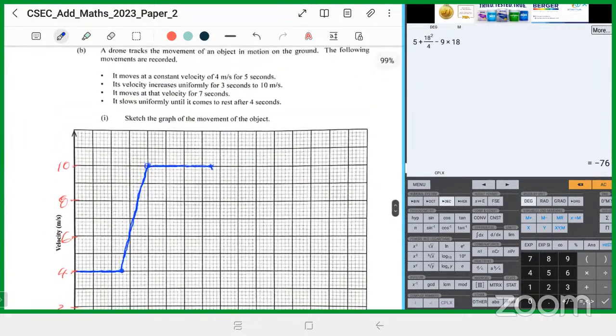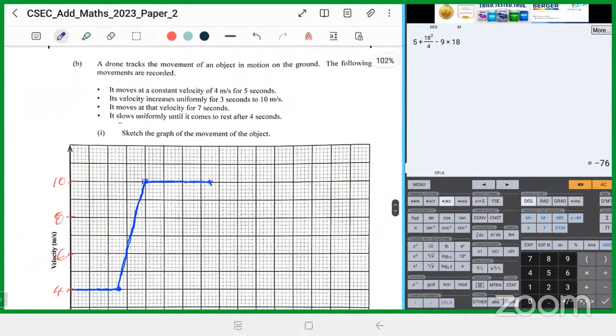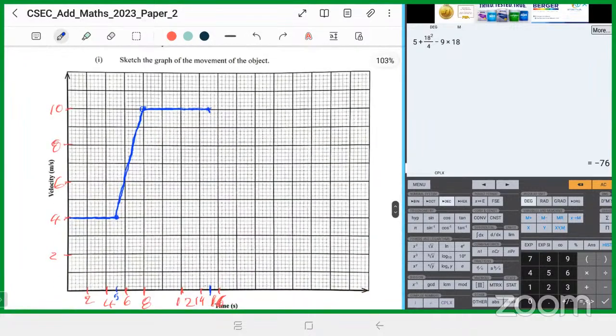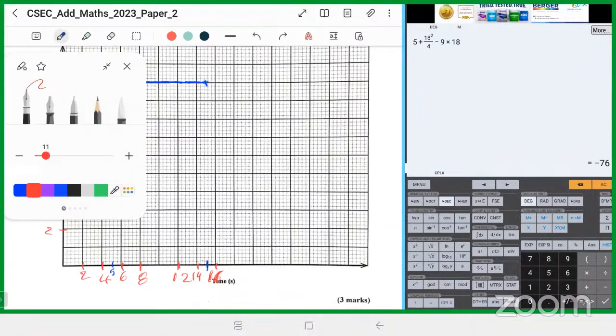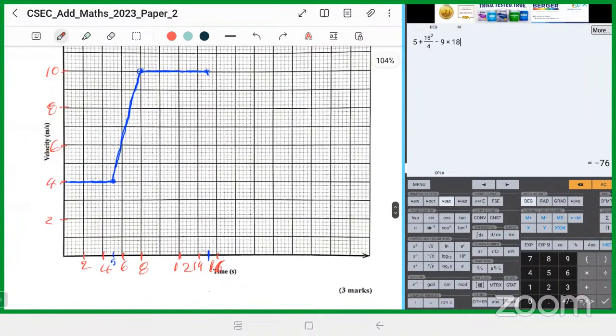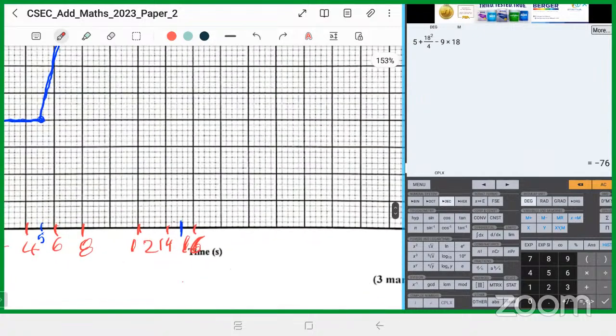All right. And it says it then slows uniformly and comes to rest after another 4 seconds. So where are we? We're at 15. I have to go down to 19, right? Because 15 and 4 make 19. So let's finish the scale. This is 12, 14, 16, this should be 18, this should be 20.